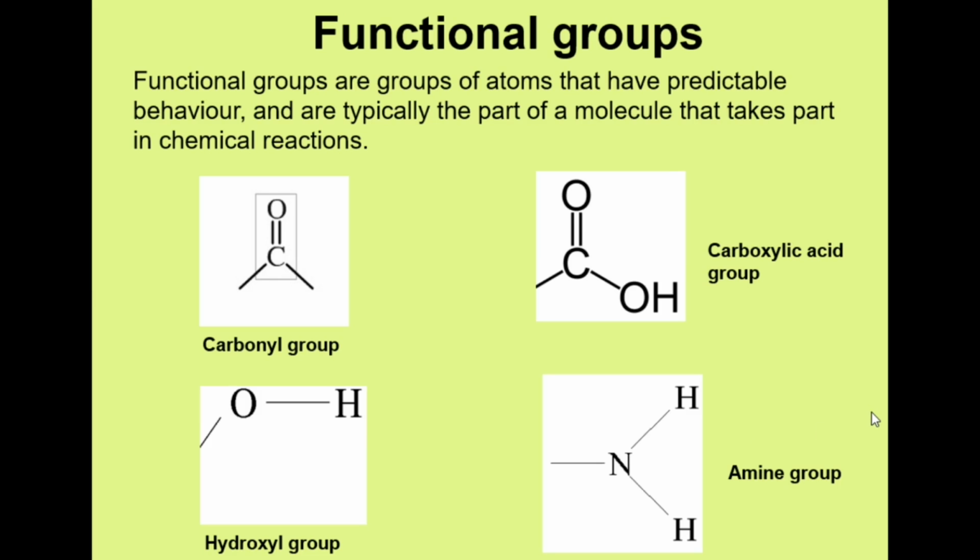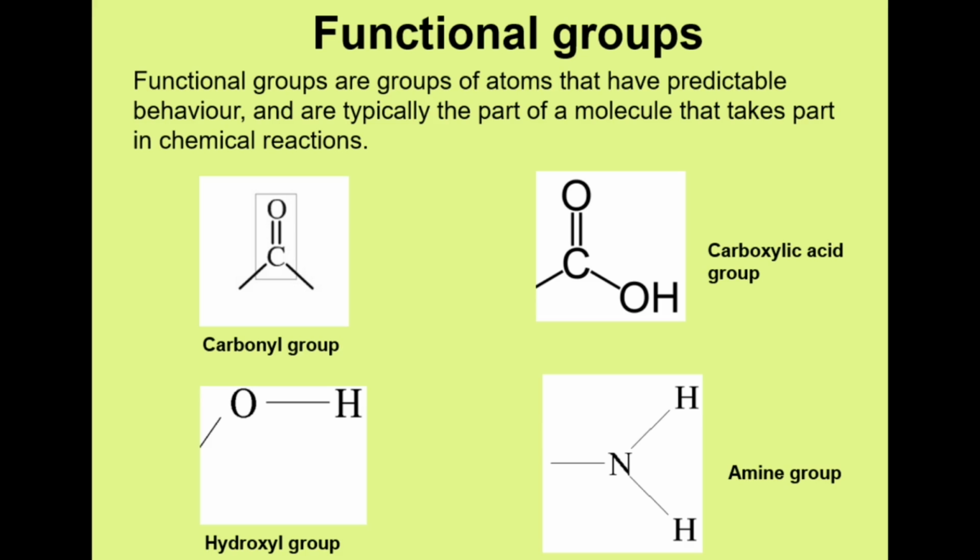Before we get into looking at dehydration and hydrolysis in more detail, I wanted to introduce you to these things, which are called functional groups. As we can see here, functional groups are groups of atoms that have predictable behavior and are typically the part of a molecule that takes part in chemical reactions.